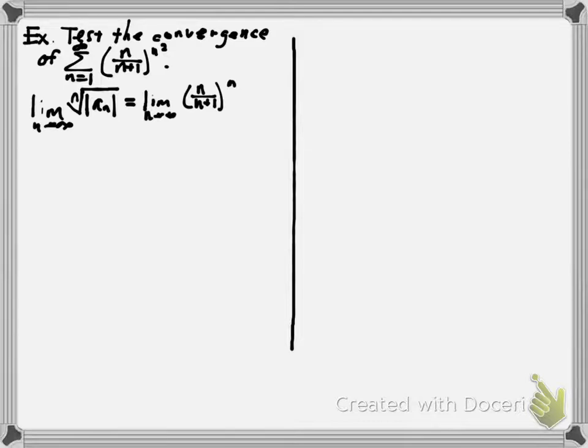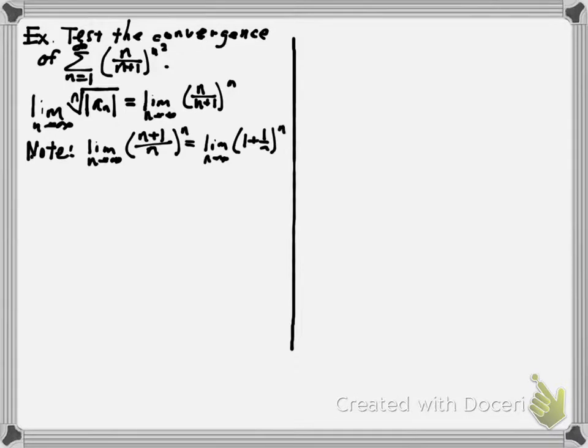You can go through that exercise, but what I want to point out is that if we look at the limit of the reciprocal of this, which is (n plus 1 over n) raised to the n power, which if we simplify the expression in parentheses, is (1 plus 1 over n) to the n power.